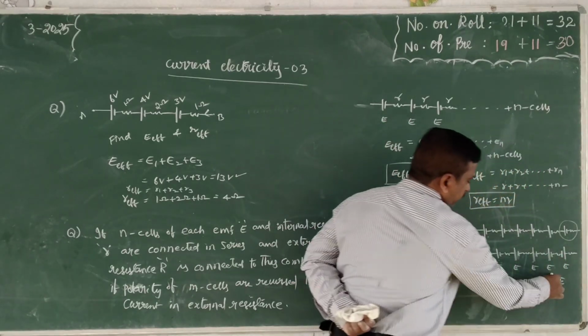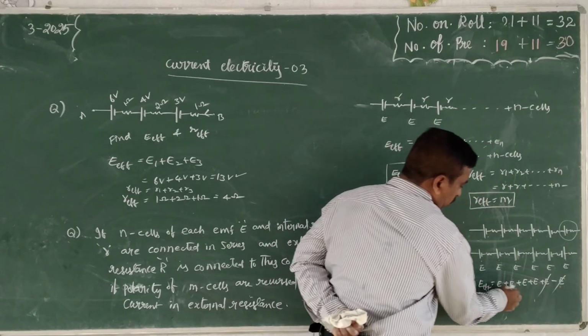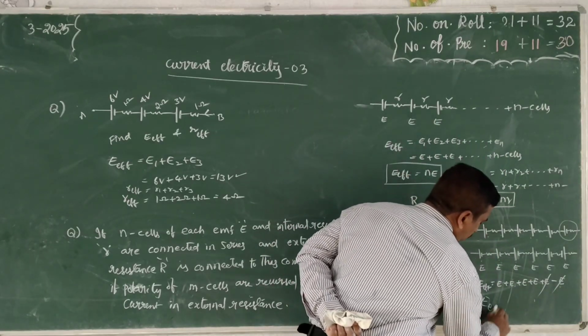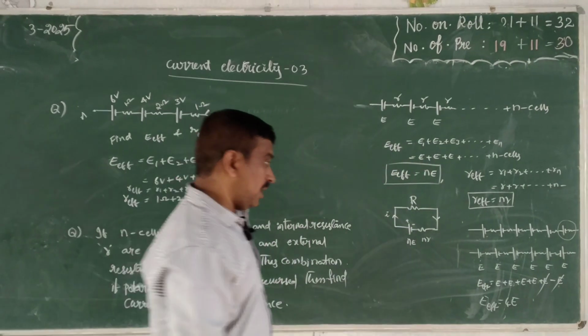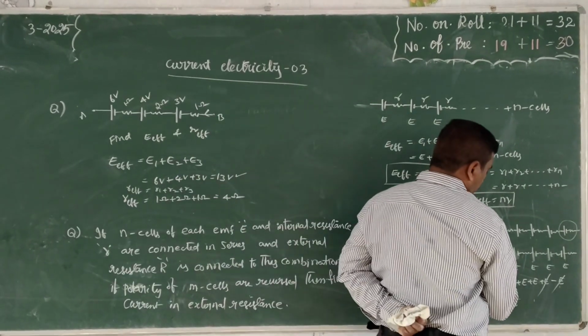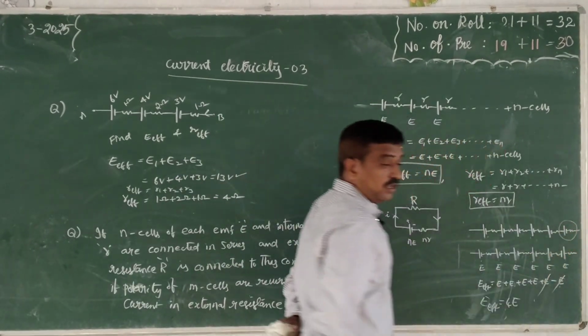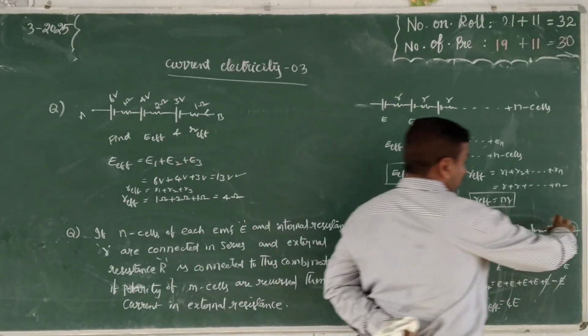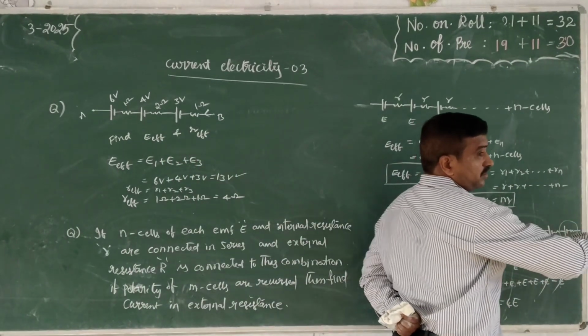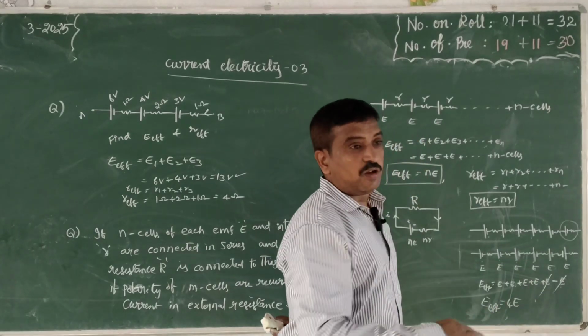This plus E and minus E cancel, and we get 4E as the effective EMF. Total cells are 6; we can remove one cell, so 6 minus 1 is 5.